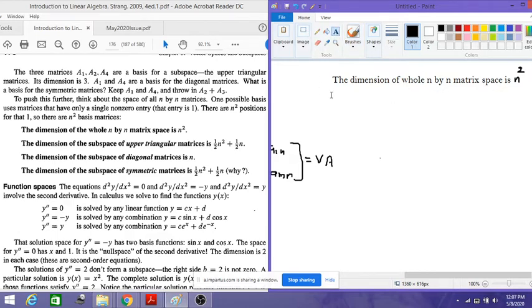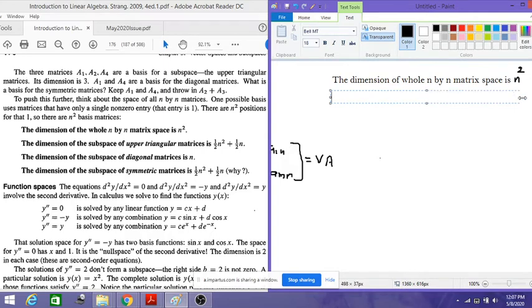The second point is the dimension of the subspace of upper triangular matrices.